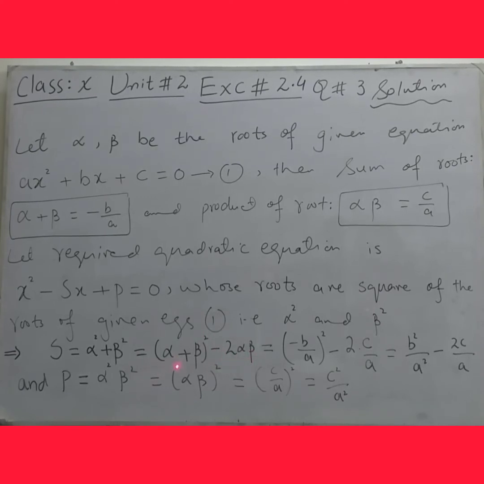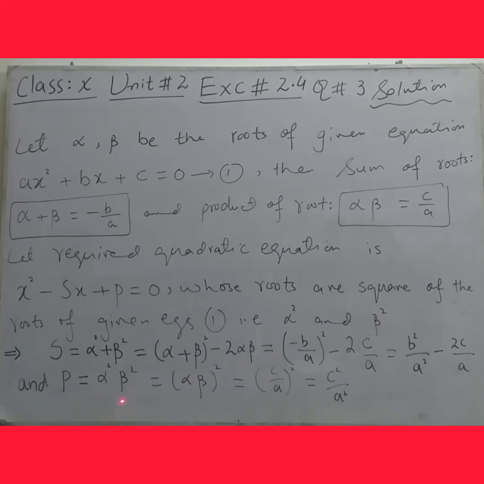Now putting the values of alpha plus beta, minus b by a, and alpha beta, c by a, it will become b square by a square minus 2c by a. And the product of roots, p, is equal to the product of these two roots, that is alpha square into beta square.